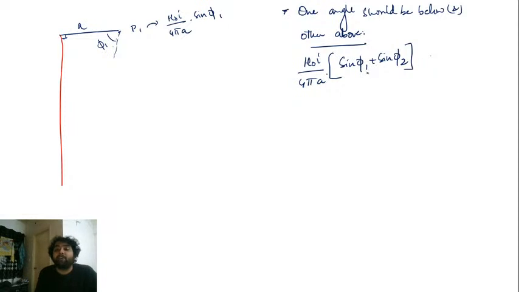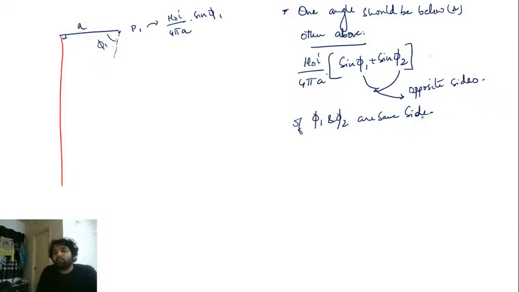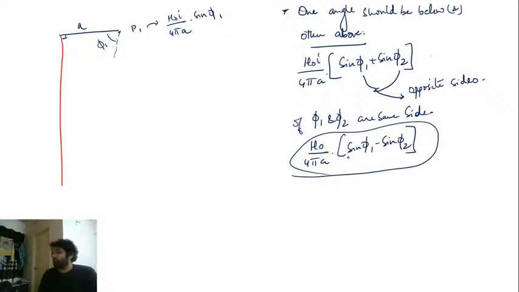This formula where phi 1 and phi 2 should be on opposite sides. If they are along the same side, then field will be mu naught I by 4 pi a into sin phi 1 minus sin phi 2. Simple. Clear? Just phi 1 phi 2 एक ऊपर होना है एक नीचे होना है बस. That is all I need.